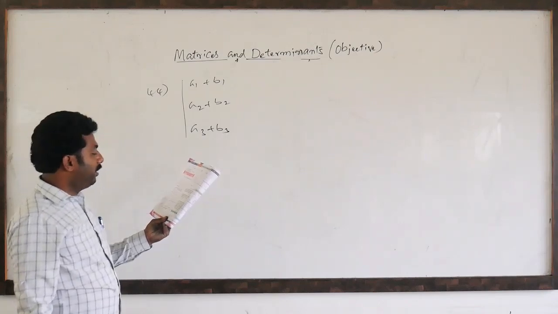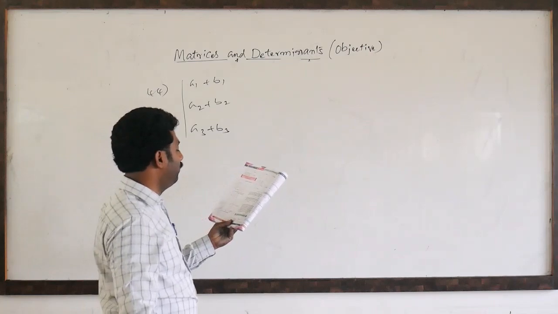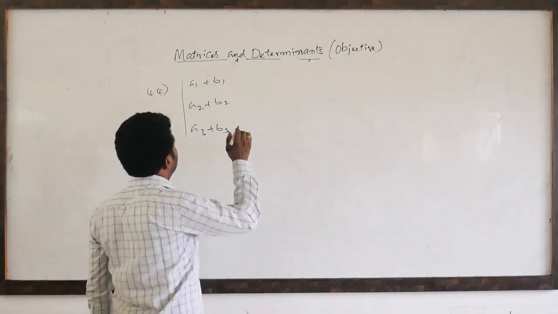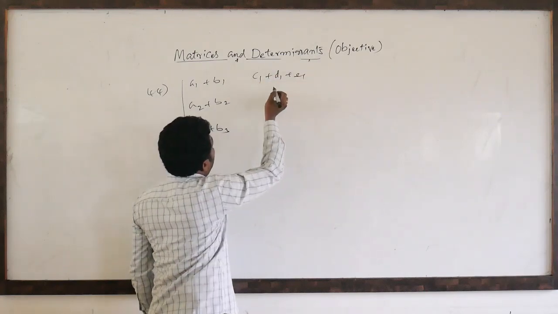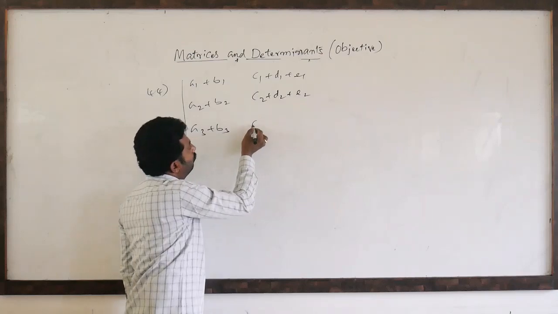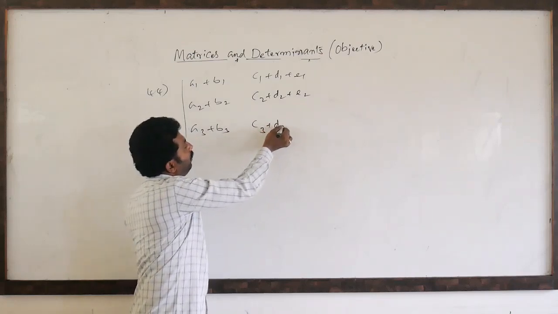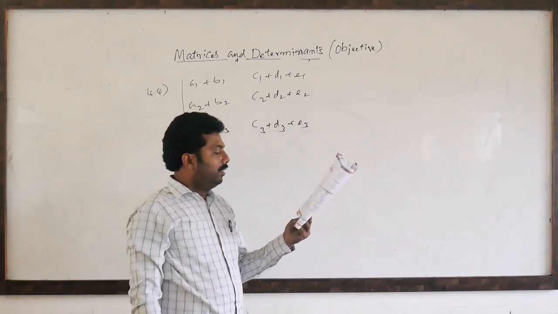Each element of the second column consists of a sum of three terms: c1, d1, e1, and so on.